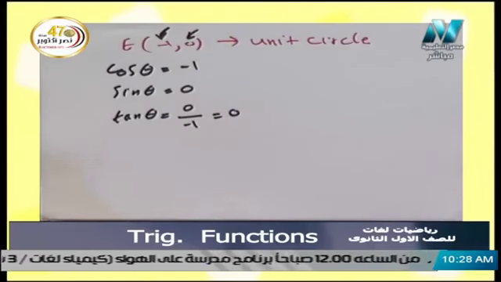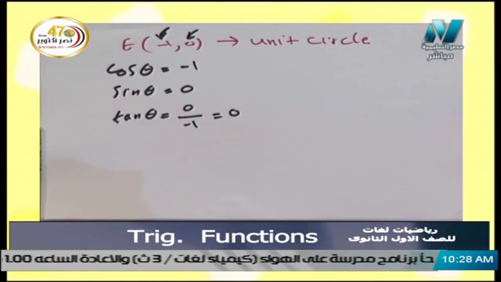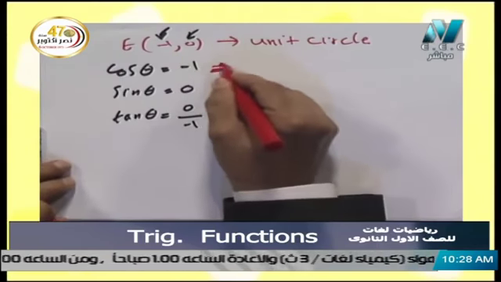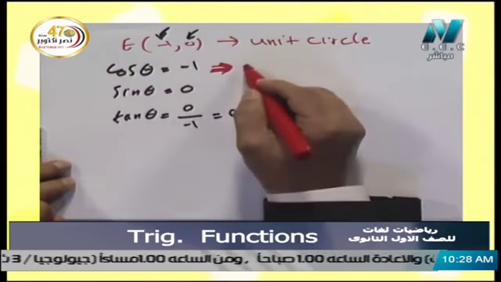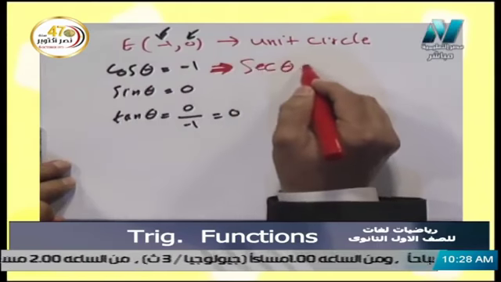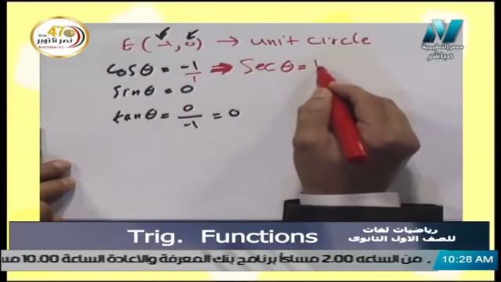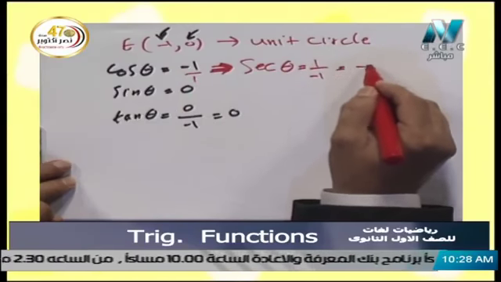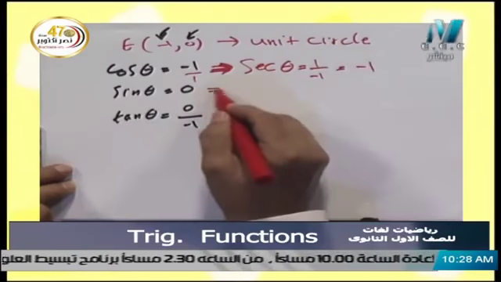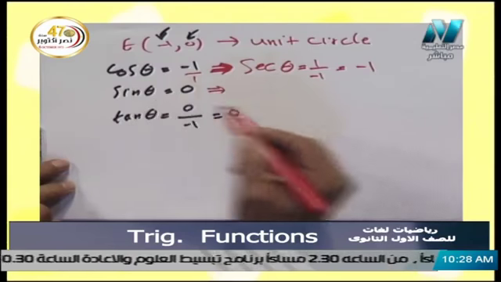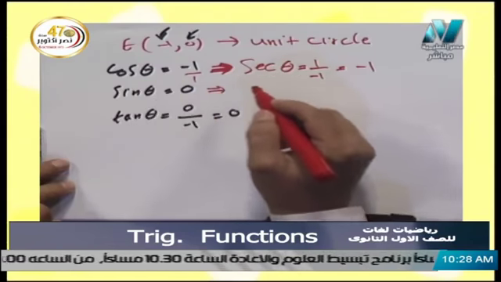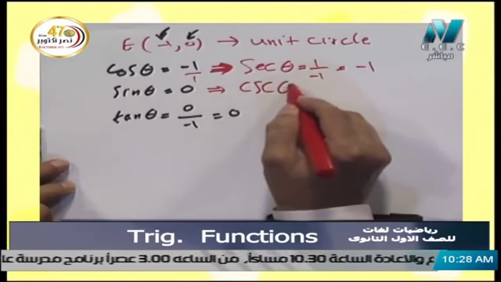And let's move to the reciprocals of these functions. We know that the reciprocal of cosine is sec theta. We know negative 1 means negative 1 over 1, so the reciprocal will be 1 over negative 1, so it's negative 1 also. The reciprocal of sin theta will be cosec theta.